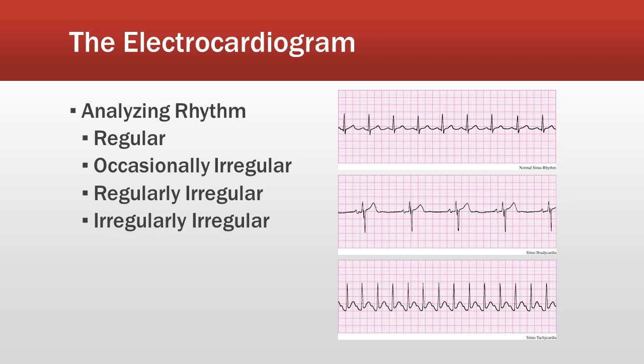Things can happen like PVCs or PACs, or funny little beats that cause a rhythm to be occasionally irregular. Then some rhythms can be regularly irregular with those various beats, or rhythms can be irregularly irregular. The only rhythm that is irregularly irregular is atrial fibrillation.